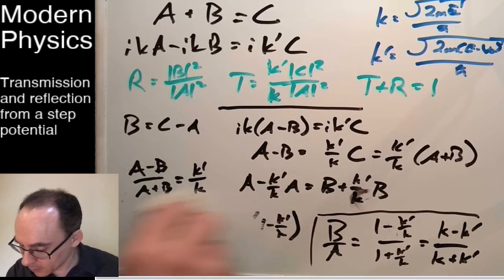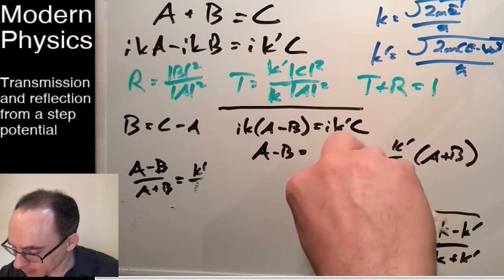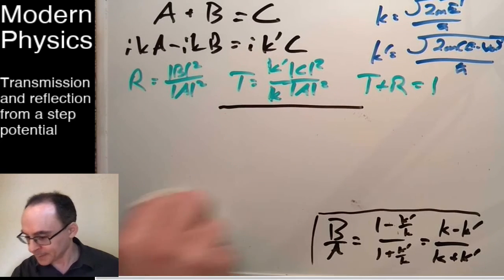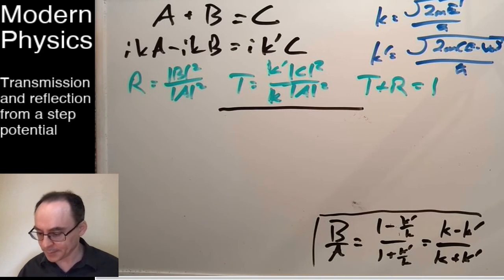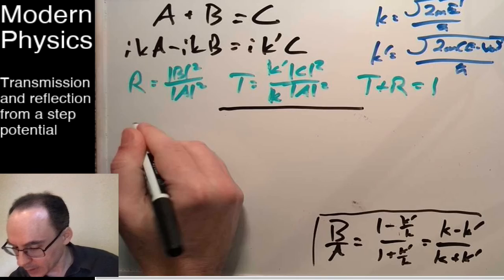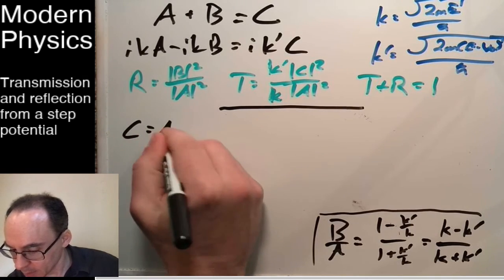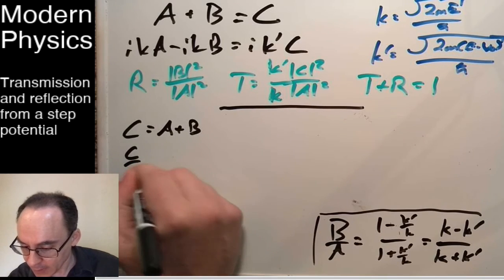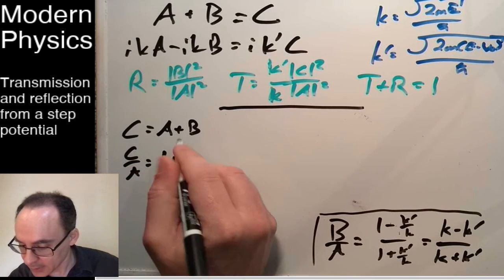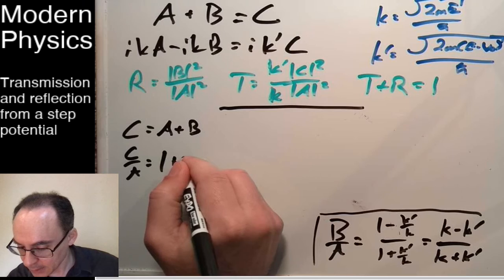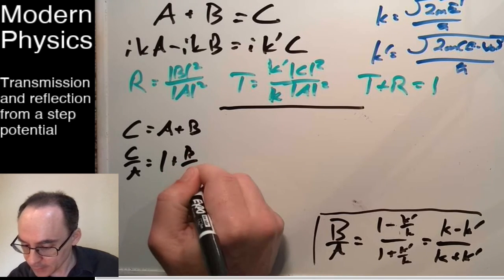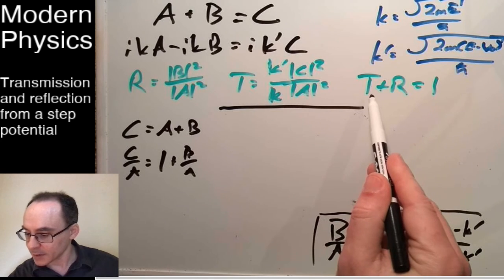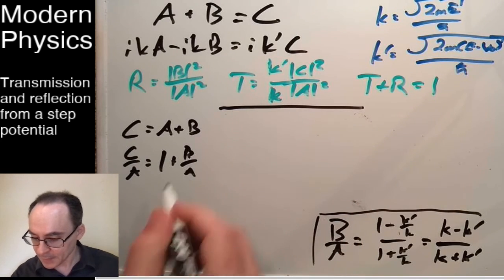And then let me clear up some space, but we can similarly find, now that we've got that, it's easy to find C over A. Because again, we can start with C is A plus B. C over A is going to be 1 plus B over A. This is also, by the way, just really reinforcing that T plus R equals 1.